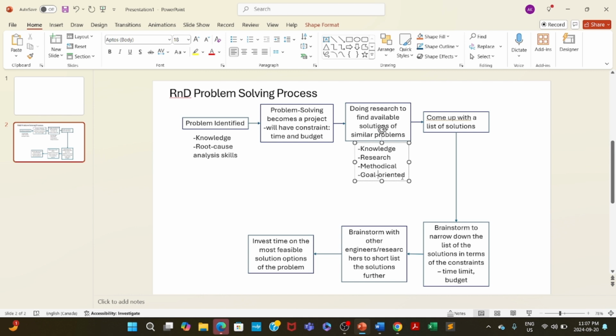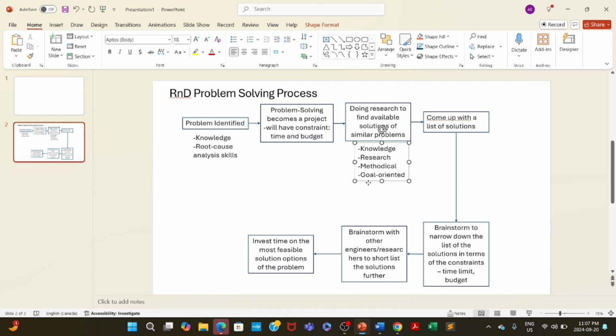You'll have to have certain objectives, and then come up with a list of solutions. When you have that, you will have that coming. So this is also not a difficult step. So, and then brainstorm to narrow down the list of solutions. This one also requires knowledge, and also analytical skill.